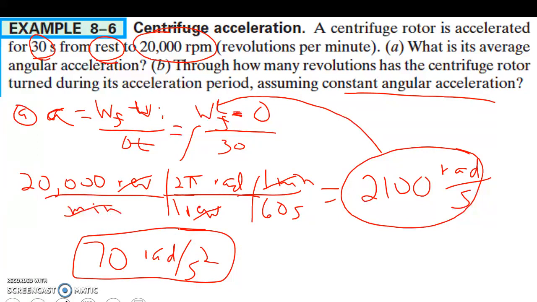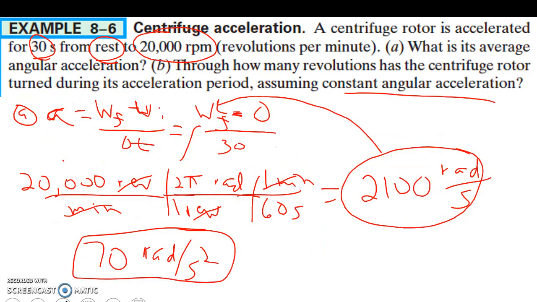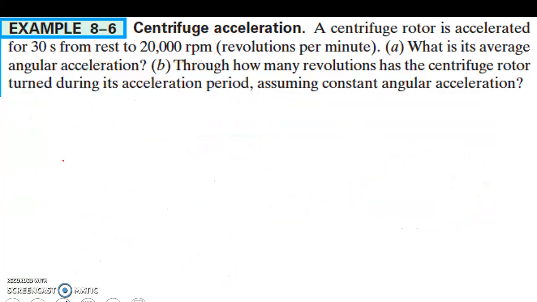All right. So now, solving for part B, how many revolutions is this going over, assuming constant angular acceleration? My acceleration is staying constant, and I'm going to go to this equation to solve. I'm trying to find my angular displacement here, how many radians I went around, which will lead me to revolutions. So my first step is to use this equation: angular velocity initial times time plus 1/2 angular acceleration times time squared.